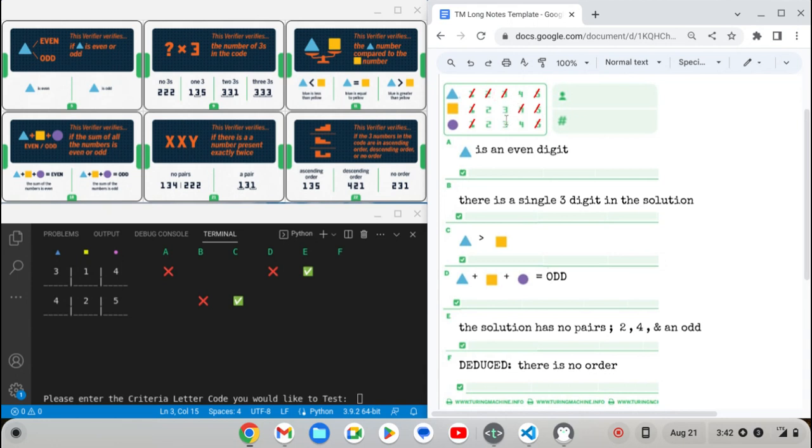So it can't be 4, 3, 3, and it can't be 4, 3, 4. So that means square can't be 3.